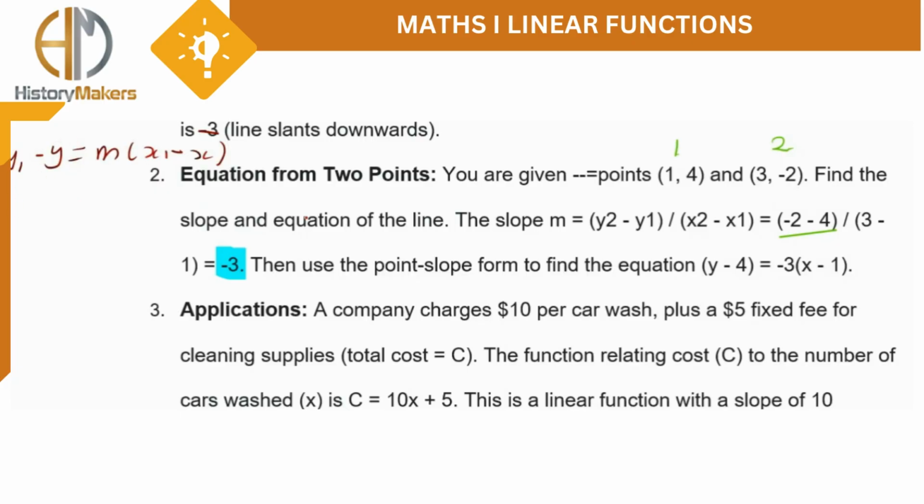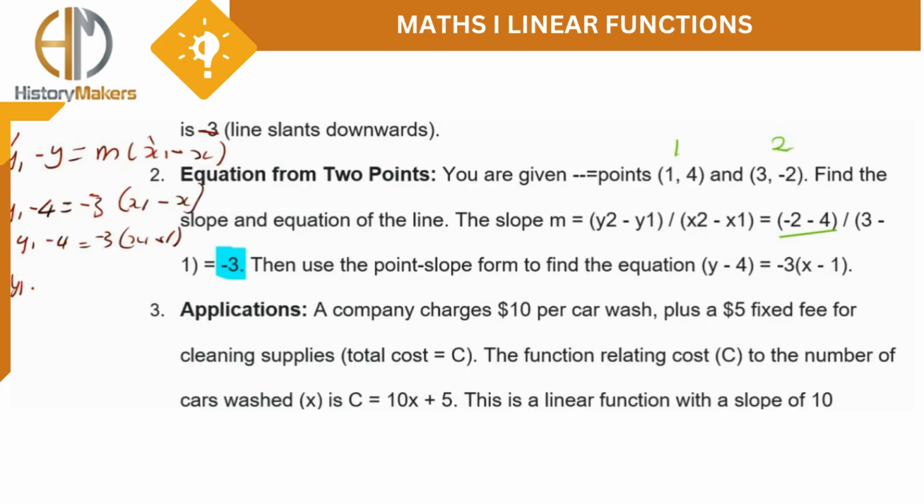This one you choose the point. So we have y minus 4 equals m, which we found from the previous calculation, which is -3. We have x minus x1. We do not substitute anything for these ones because we are looking for the equation. So we have y minus 4 equals -3 times x minus 1. And then from here, you can do your algebra.